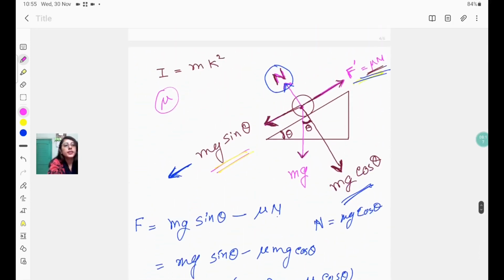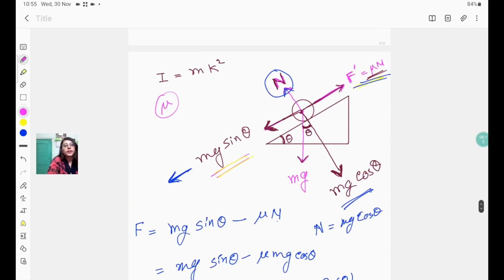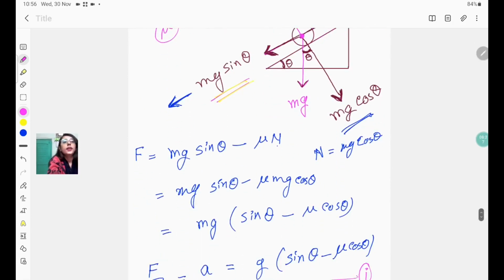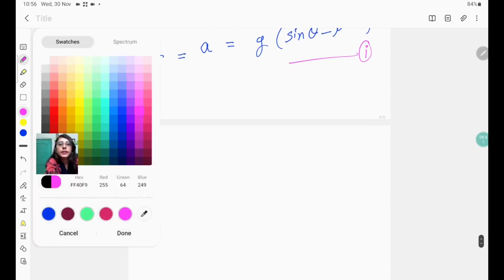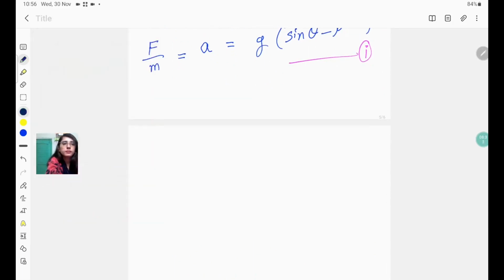Now again, this body is rolling down, right? As this body has a rotational motion, of course it will feel a torque. What will be the amount of torque? If we write the torque as tau, tau will be equal to I alpha, where alpha is the angular acceleration and I is the moment of inertia.